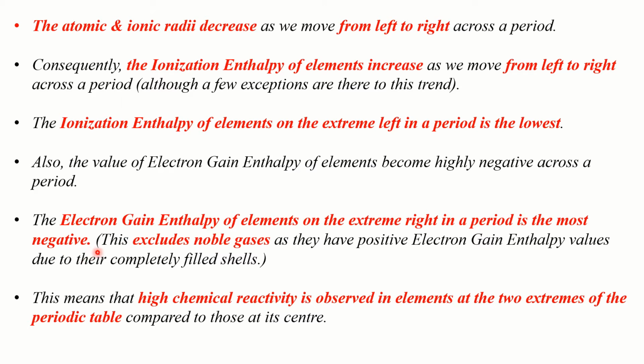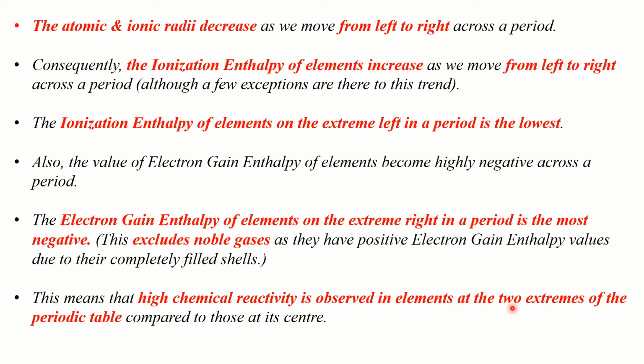Do note that this excludes noble gases as they have positive electron gain enthalpy values due to their completely filled shells. So this means that high chemical reactivity is observed in elements at the two extremes of the periodic table. In other words, the chemical reactivity of elements is lowest in the center of the periodic table.